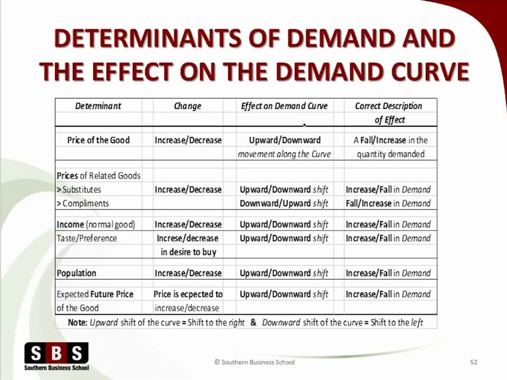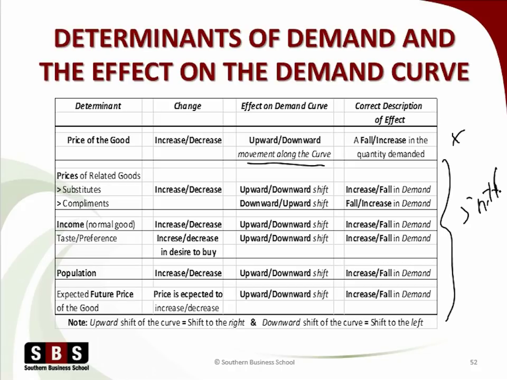Just to sum it up, this is for a movement along the demand curve. Now all the rest here is for a shift. So any of those can cause a shift. I think in the assignment you were asked to give 4 reasons for the shift.